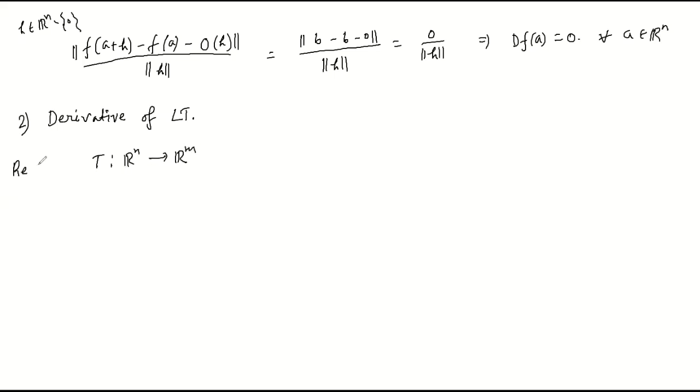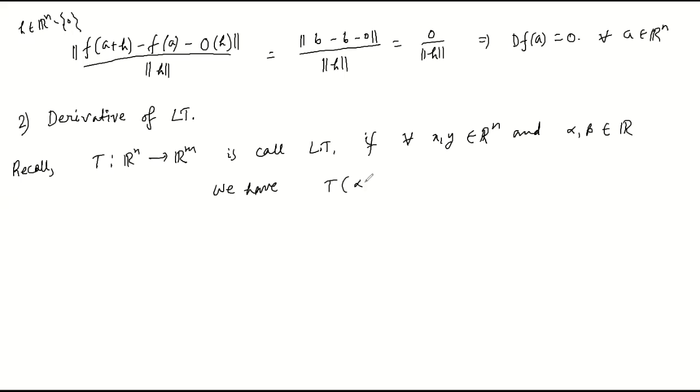Recall that this function is called a linear transformation if for all x comma y belonging to Rn and alpha comma beta scalars belonging to R, we have T of alpha x plus beta y equal to alpha times T acting on x plus beta times T acting on y. This is the definition of a linear transformation.